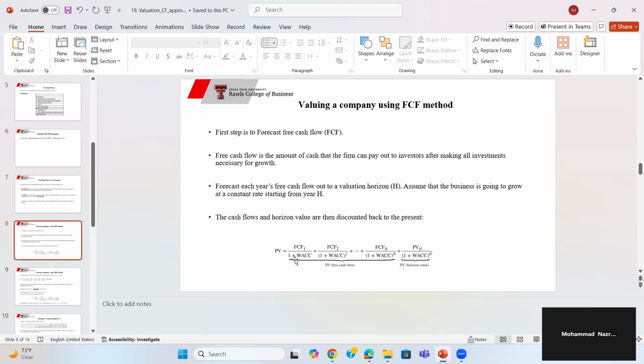If you have this rate in your question, you can easily discount each of the cash flows. At the end of the period, there is a terminal value or horizon value, and you need to take the present value of that horizon value as well.